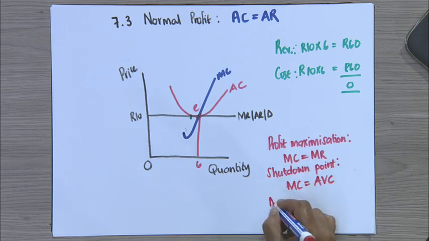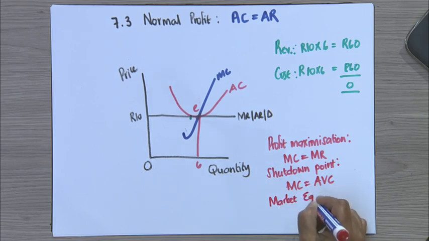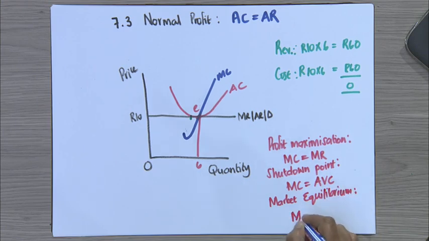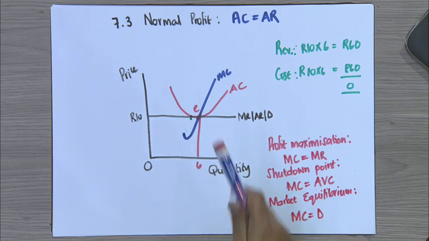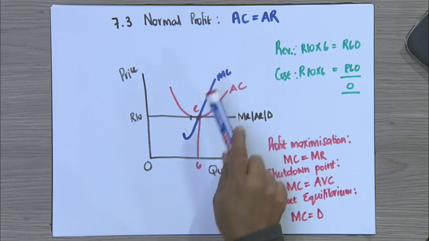And then you also have your market equilibrium, where MC equals D, right? And market equilibrium is always where supply meets demand. So what does that tell us? Our MC represents our supply curve.